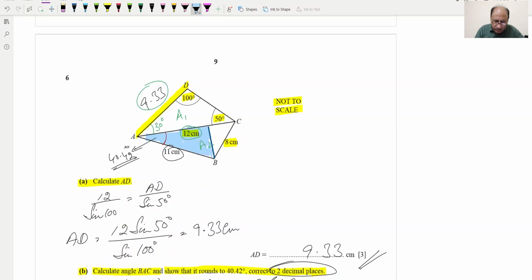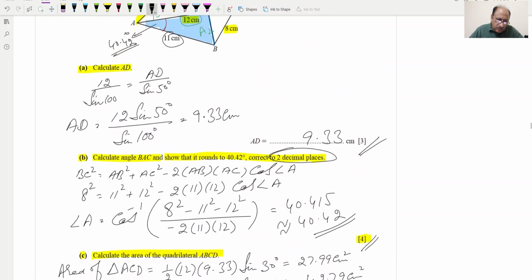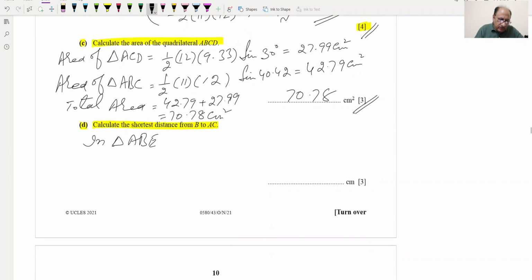We can label this point as E. So in triangle ABE, BE over AB will be sine of 40.42.